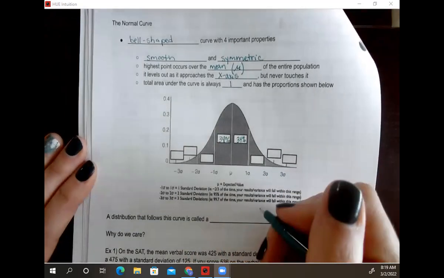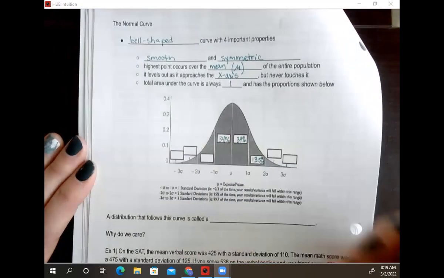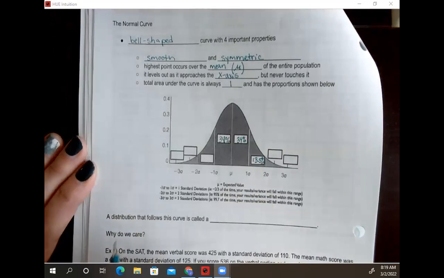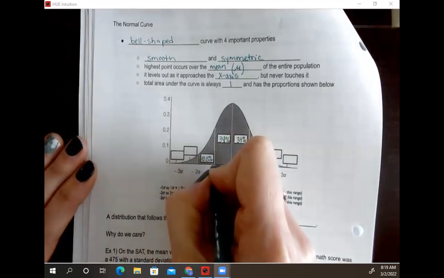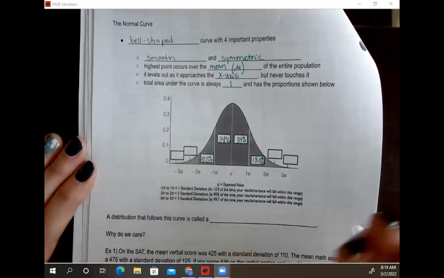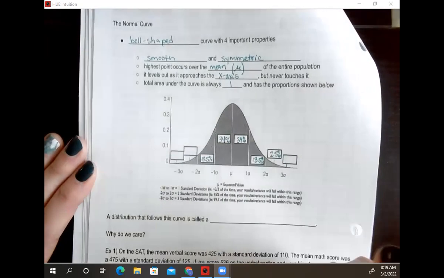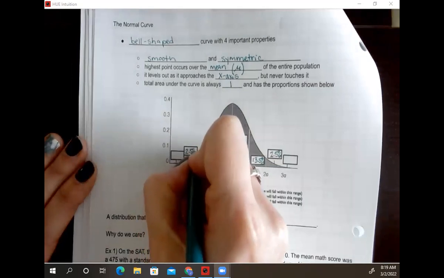Between 1 and 2 standard deviations, we've got 13.5% of our data, which means between -2 and -1 standard deviations, we also have 13.5% of our data. Between 2 and 3 standard deviations, we've got about 2.5%. So between -2 and -3, we again have about 2.5% of our data.